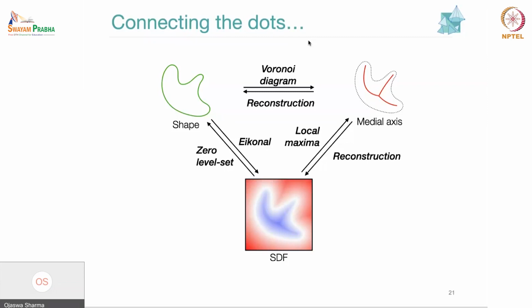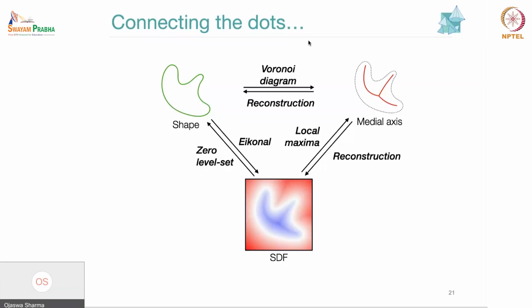Then the SDF and the medial axis are also related. The medial axis can be computed by taking a local maxima of the SDF. So remember, we talked about it yesterday, that you notice the blue regions in this SDF, and the highest values in this mountain of signed distance field corresponds to the medial axis, and that is exactly the locus of the local maxima.